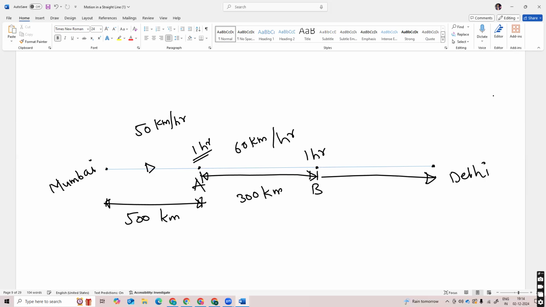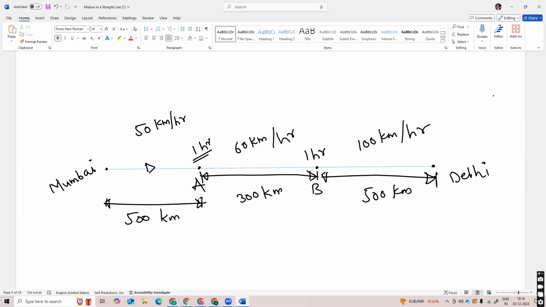And from point B to Delhi, the distance was again 500 kilometers, and the train was moving at 100 kilometers per hour.